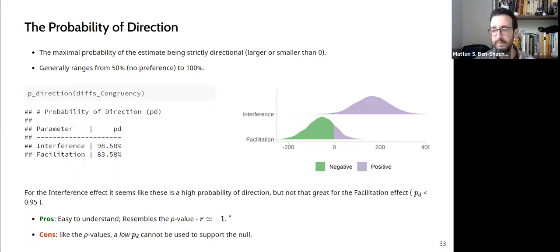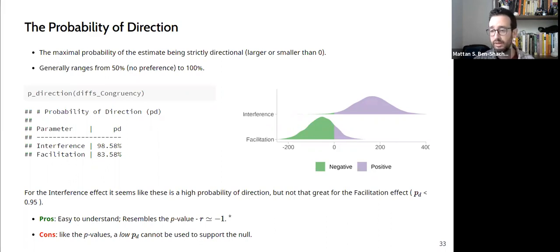And indeed, in many, many practical implications, there's almost a -1 correlation between the probability of direction and the p-value. So if I were to compute a p-value for these contrasts, they would be very similar, but in the opposite direction, right? So high probability of direction is associated with a low p-value, and the other way around.